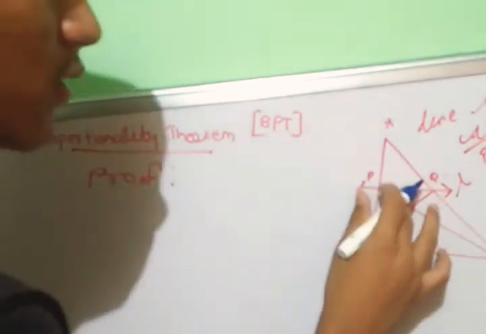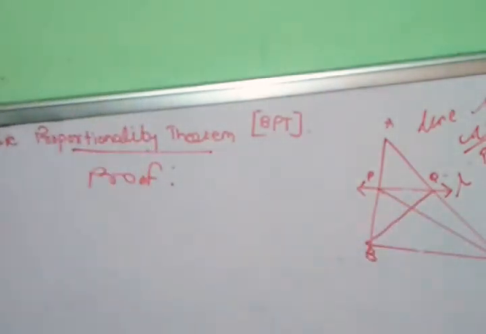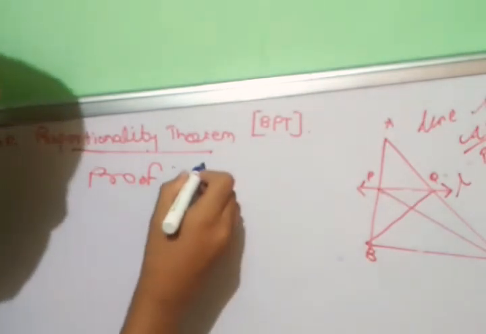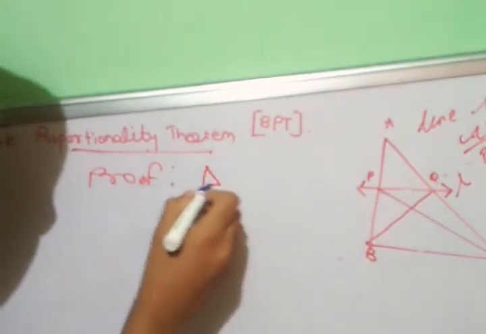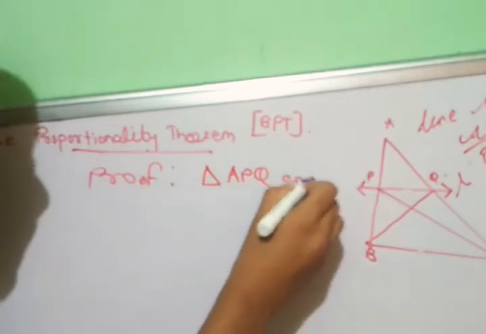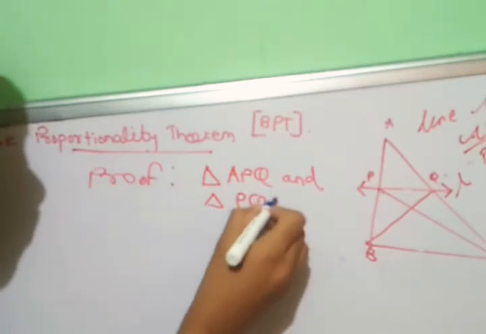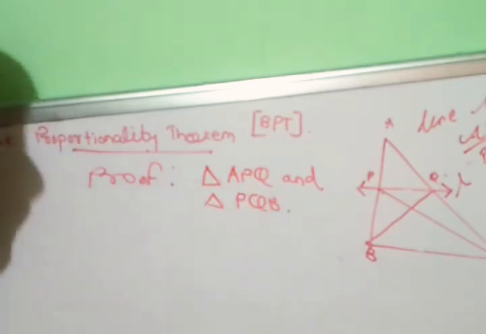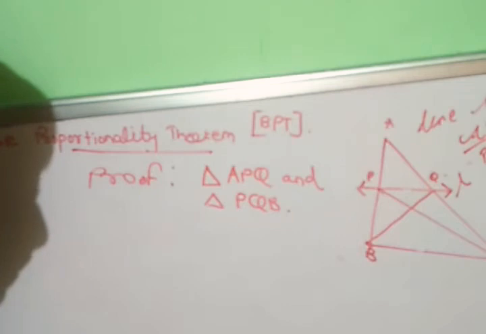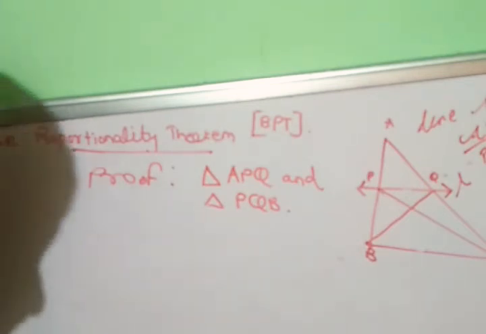Then, when we prove this theorem, the first step is triangle APQ and triangle PQB. In triangles APQ and PQB, the height is the same.